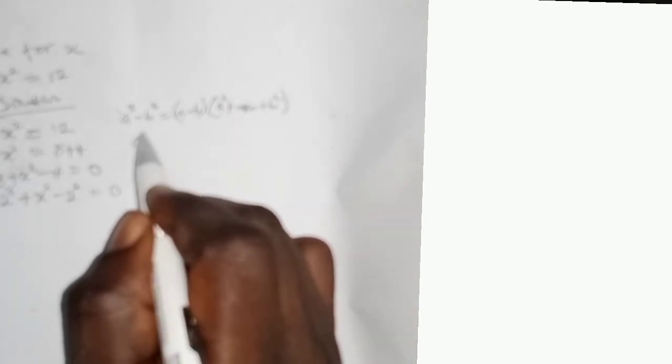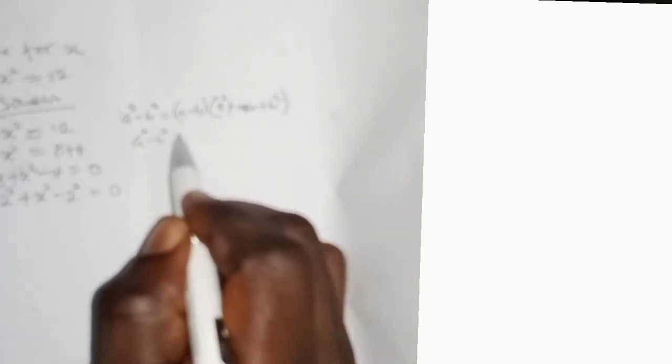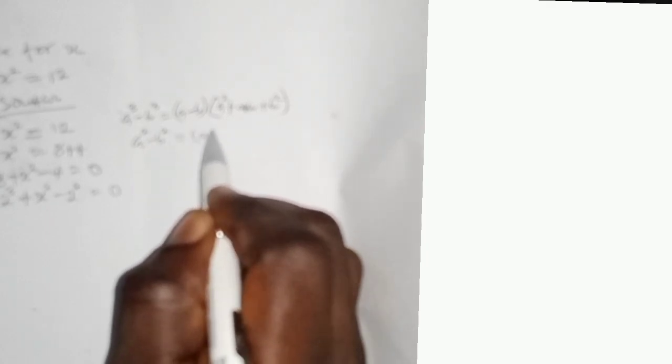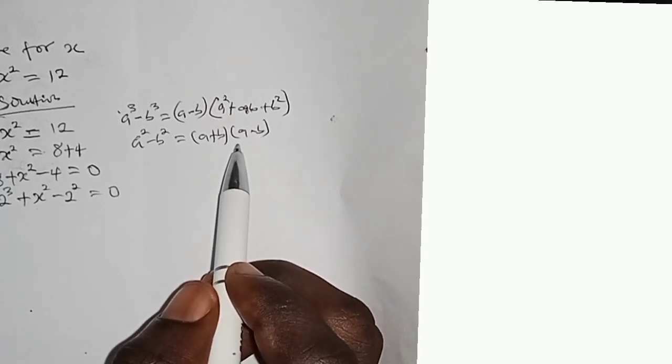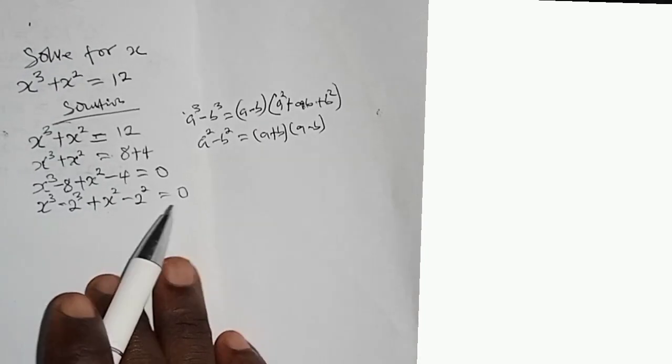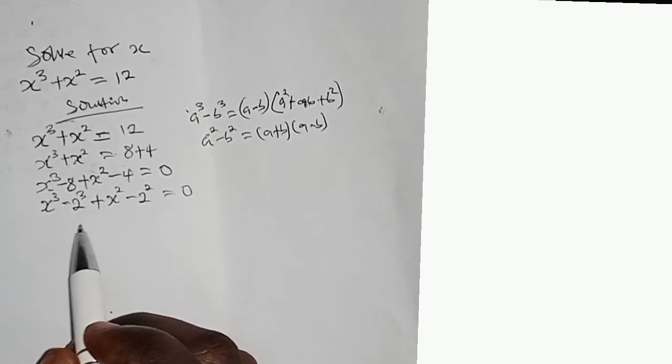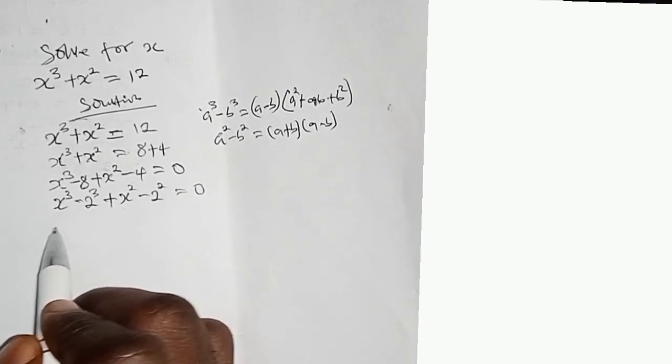And of course, you know a squared minus b squared, you can also simplify to a plus b and then a minus b. It is these relations that I'm going to use to simplify these further right here. So let me go ahead and do that.